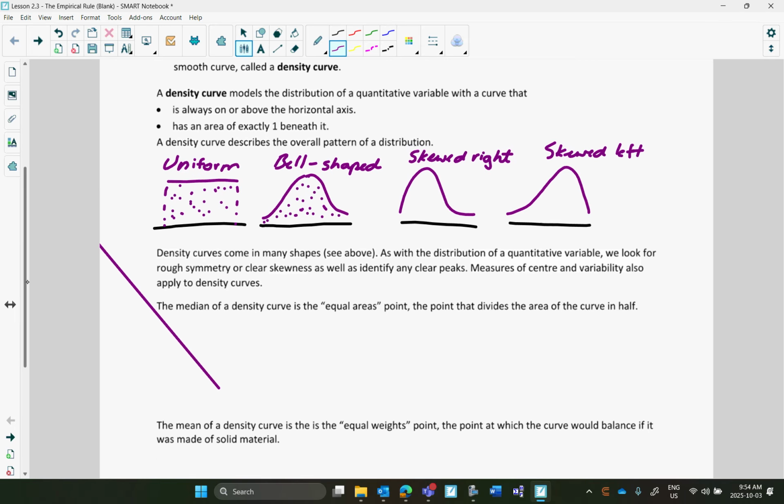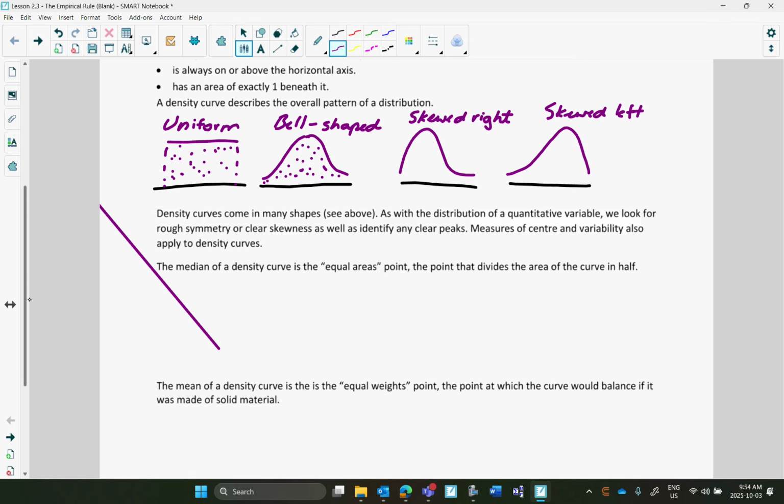We have seen also, this is kind of a review, that we can find measures of center when we're given a distribution that looks like one of the following. So the median, and I'm not going to worry about the uniform anymore, I'm just going to do the bell-shaped, skewed right and skewed left.